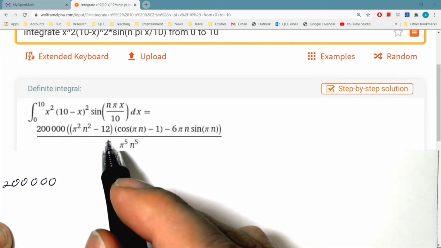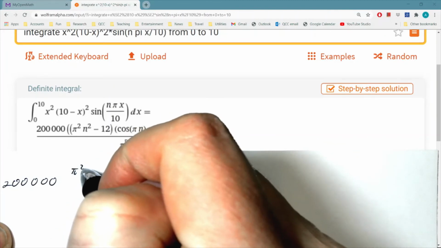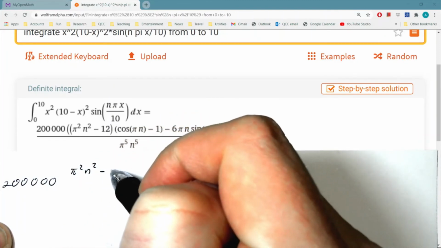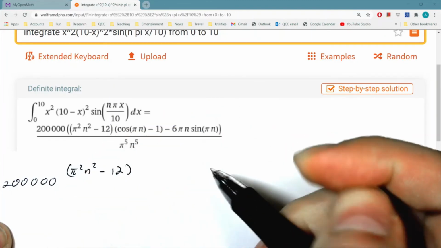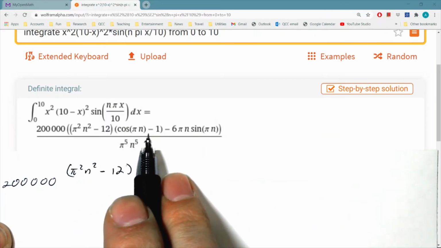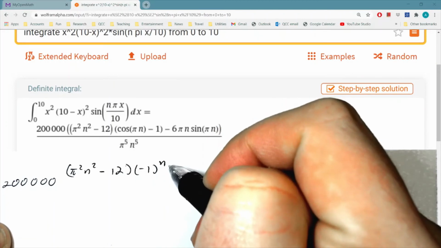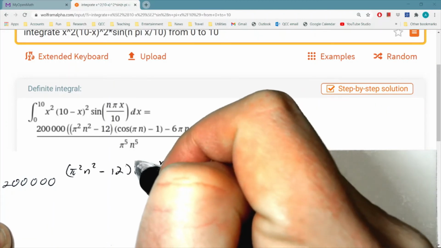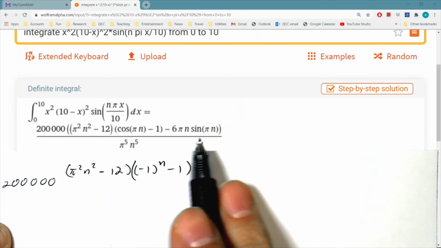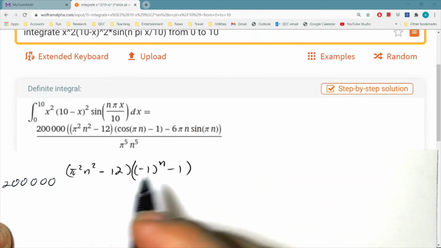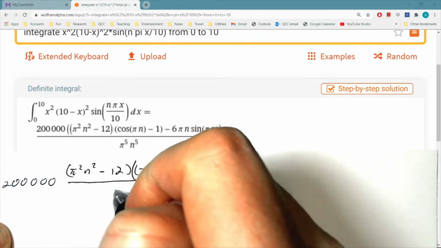And then I have this business. And I have (-1)^n minus 1. And like we said, the whole thing was 0. And then we're dividing by pi to the 5th, n to the 5th.